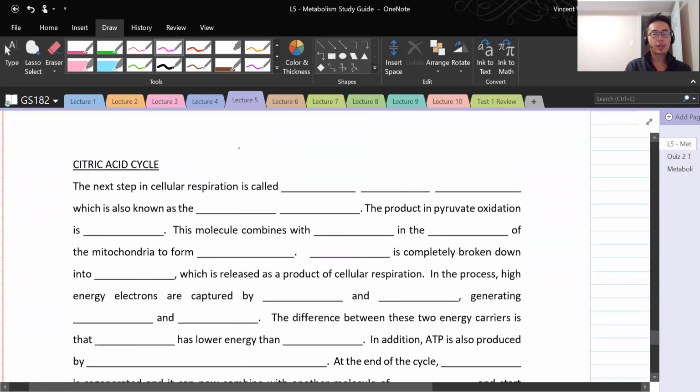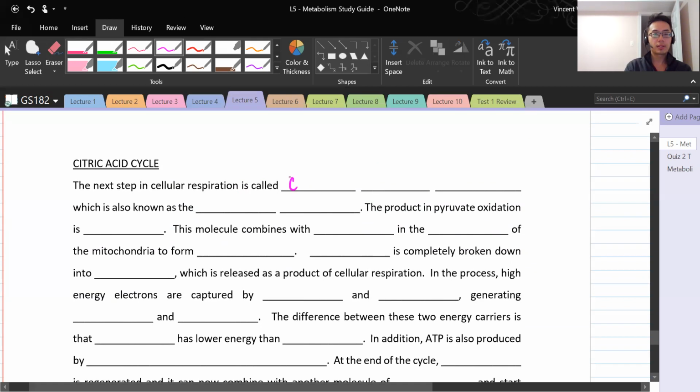Next is the citric acid cycle. The next step in cellular respiration is called the citric acid cycle, which is also known as the Krebs cycle. The product in pyruvate oxidation is acetyl-CoA.